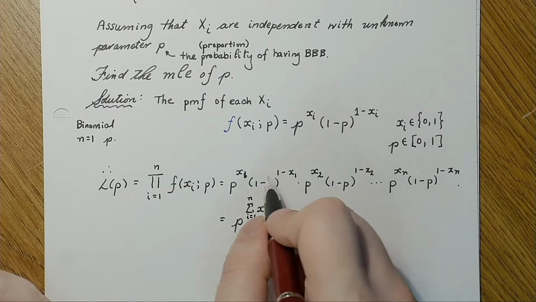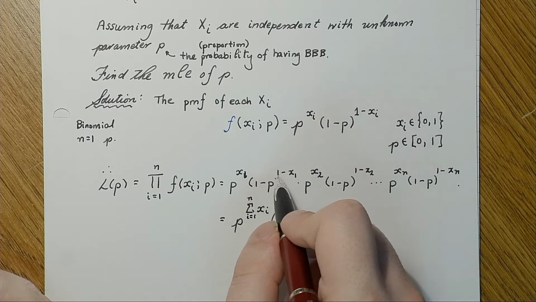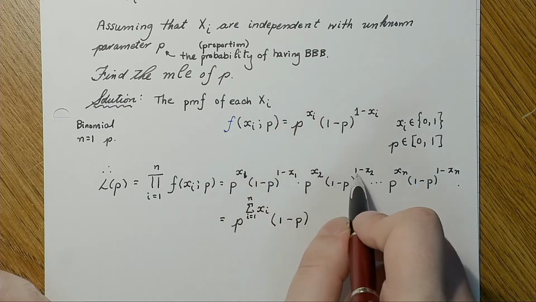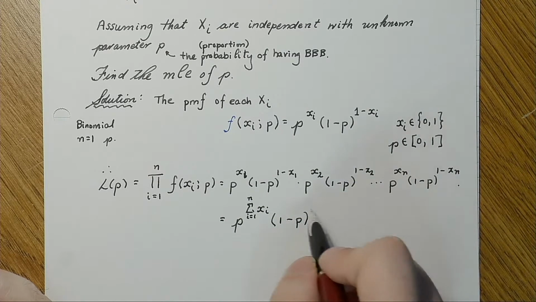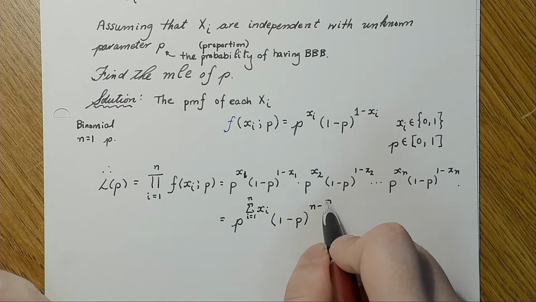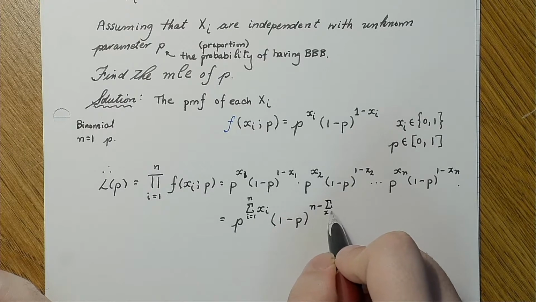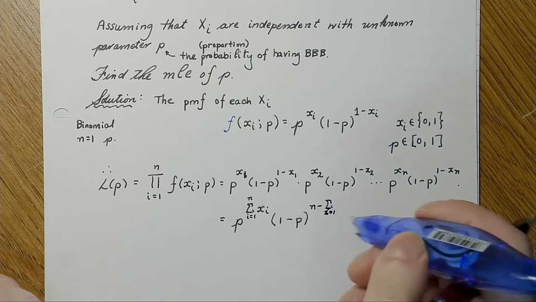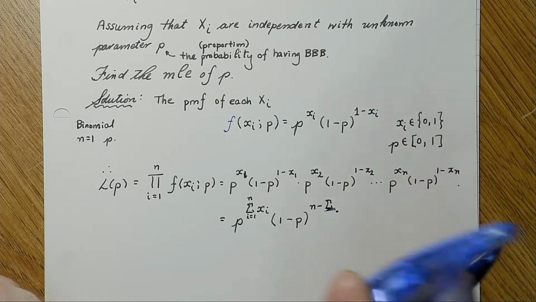And then I would have 1, 2, all the way up to n, so I would have n minus, and then we'll have the summation. Oops, it looks like an X, but really I should write an I.